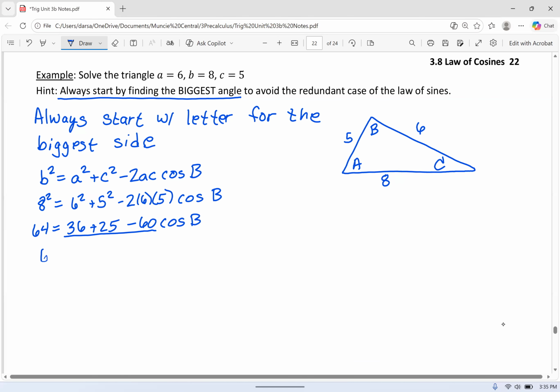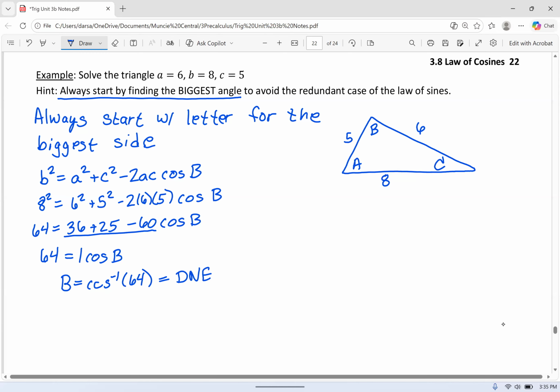So then they say 64 is equal to 1 cosine B. Well, then all I have to do is that B is cosine inverse of 64. And then when they put that in their calculator, they get an error.